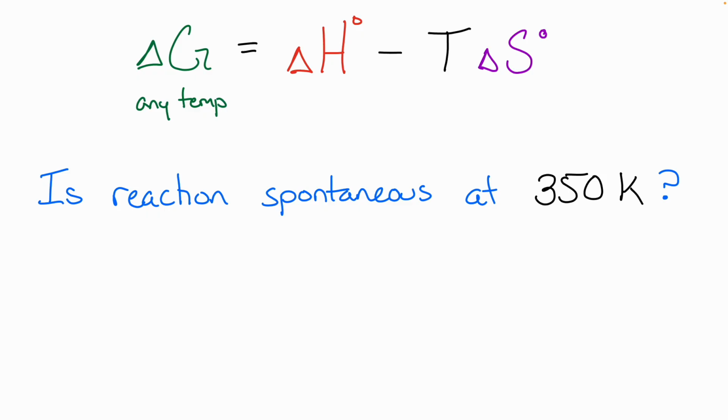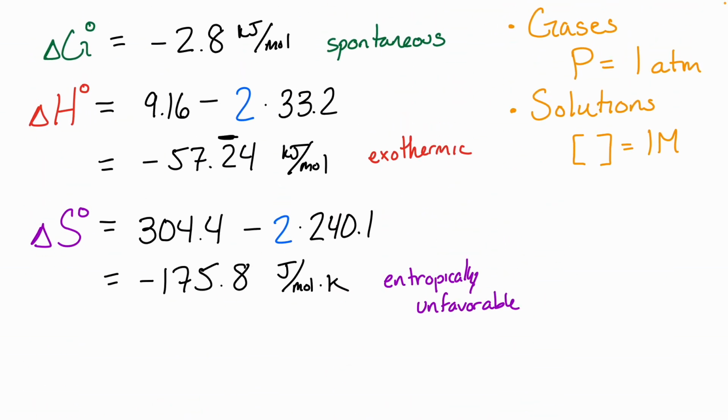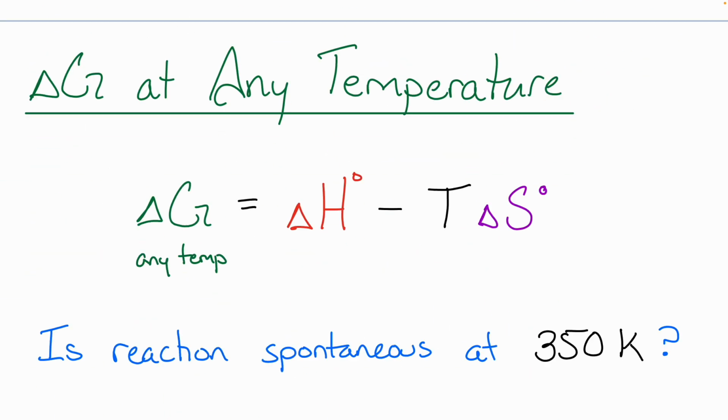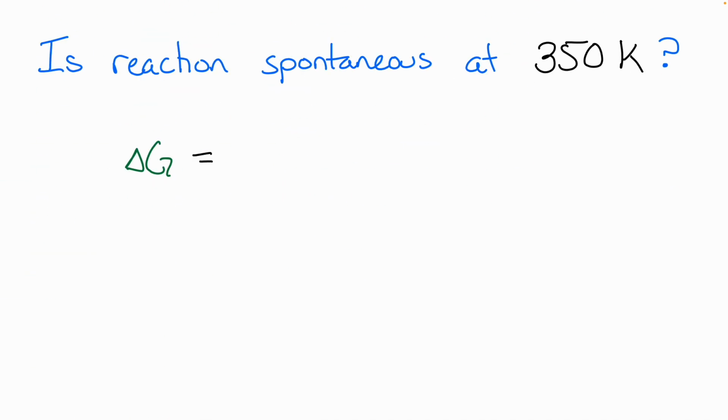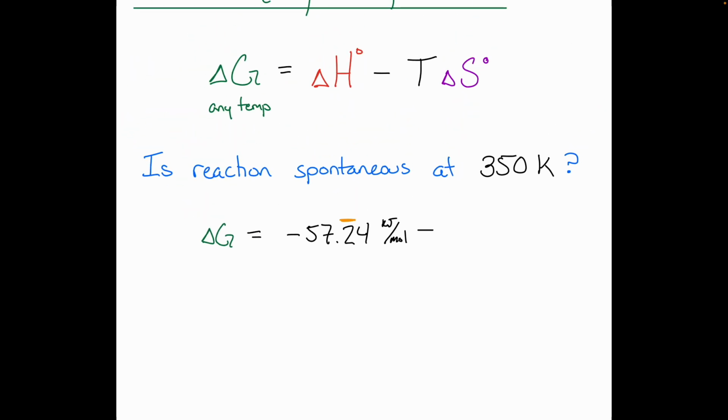So we don't know our delta G at this temperature. That's what we're calculating. But what we're going to do is plug in that delta H naught value that we calculated, which was negative 57.2. This was kind of an annoying one, paying attention to sig figs here. I have to keep that bar on the 2. This was my standard enthalpy.